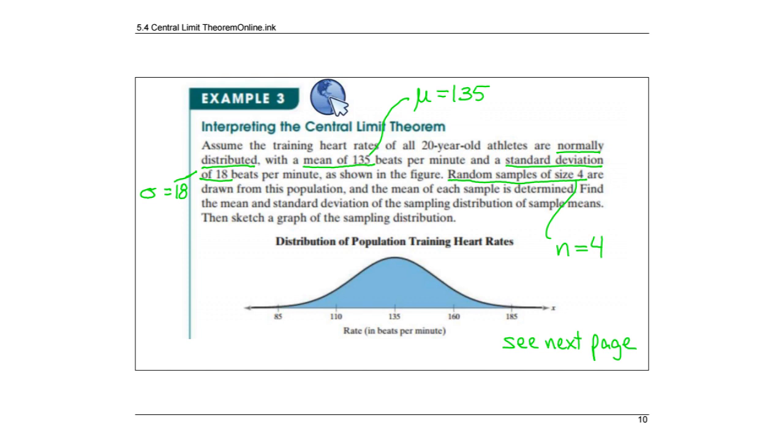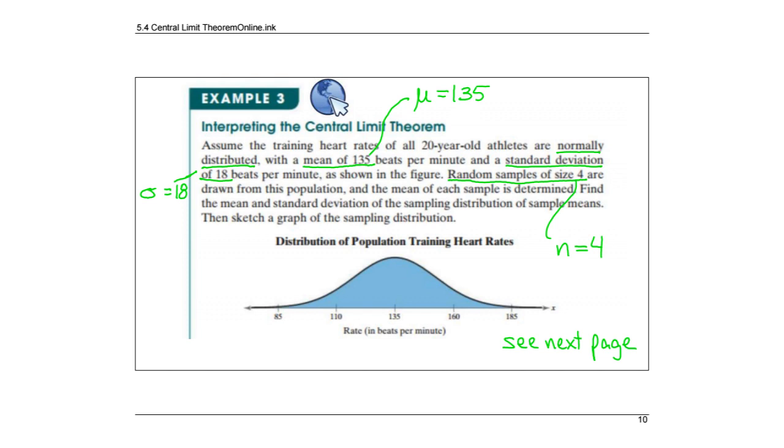All right, let's take a look at this one. Assume the training heart rates of all 20-year-old athletes are normally distributed with a mean of 135 beats per minute and a standard deviation of 18 beats per minute. Random samples of size 4 are drawn from this population. That's tiny, but we're going to play along because that's what they want us to do.